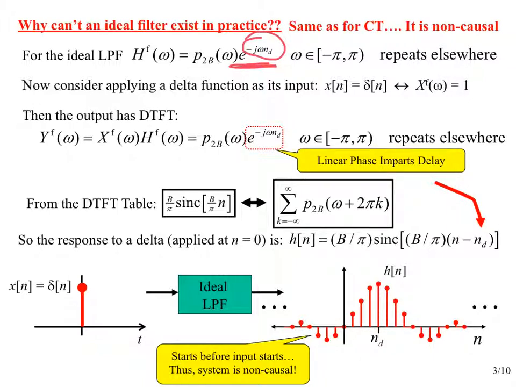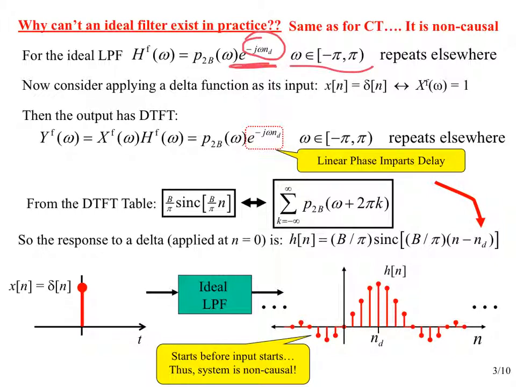If we take the j out of there and leave the negative, we see that we have a negative slope of n_d. We're defining it this way over minus pi to pi, and then saying that it repeats everywhere else. So this is just a mathematical characterization of the diagram that we saw on the previous page.